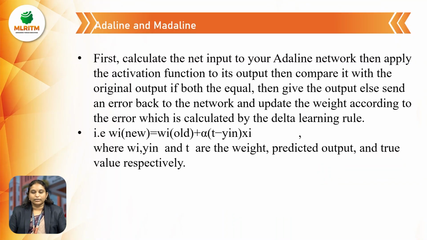Firstly, calculate the net input to your ADALINE network, then apply the activation function to the output, which is compared with the original. If both are equal, the given output is the output. Or else, if you get an error, it goes back to the network and the weight is updated, and according to the error it is calculated by the delta rule.